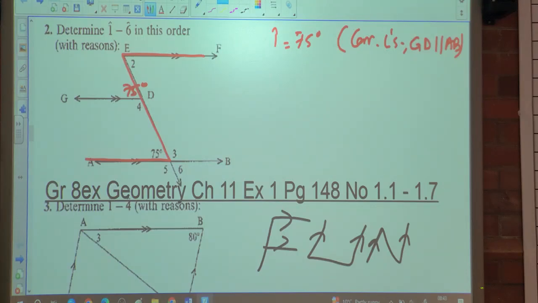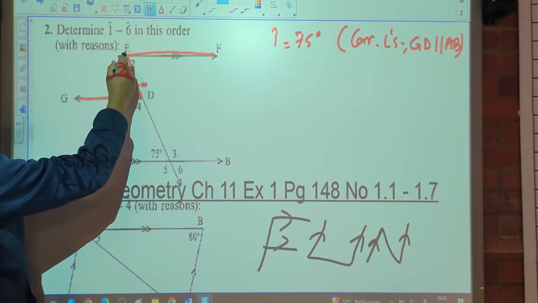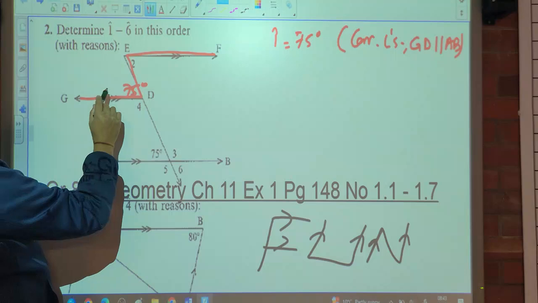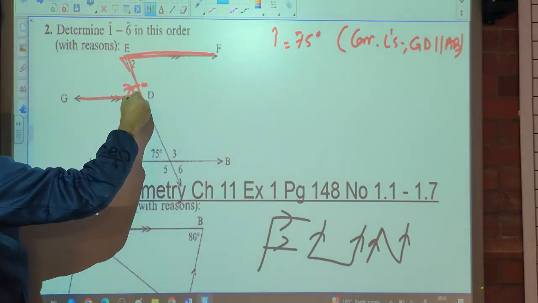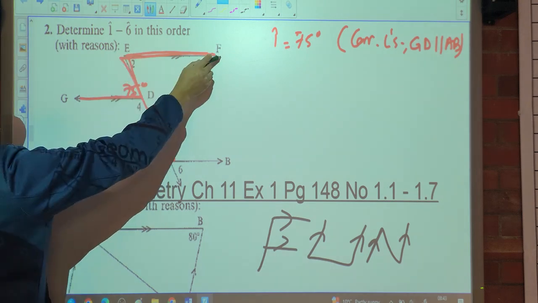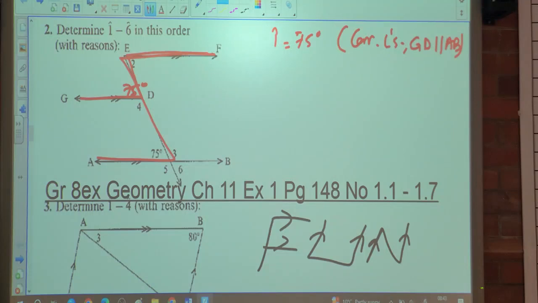So either or. However, if I had seen it parallel to that, then I would have said AE is parallel to GD, alternate. Or if I had seen it this way, then I would have said EF is parallel to AB. Both would get you the full mark. You guys understand? Right.